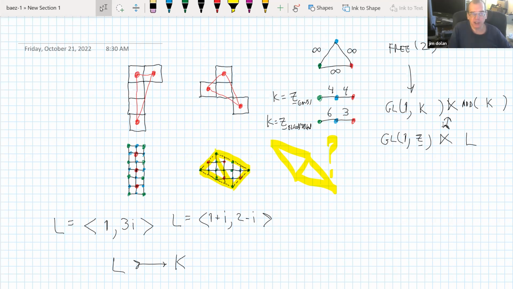This is the whole idea. It's a pictorial picture of this Belyi projection. There's this Belyi projection from some Riemann surface to the Riemann sphere, to the projective line.